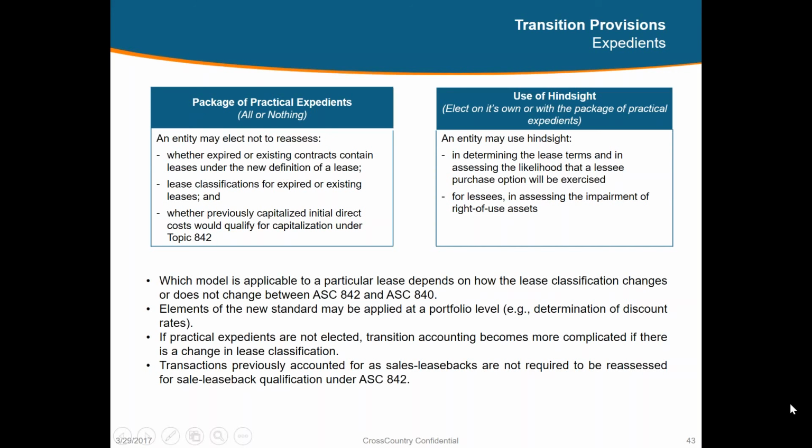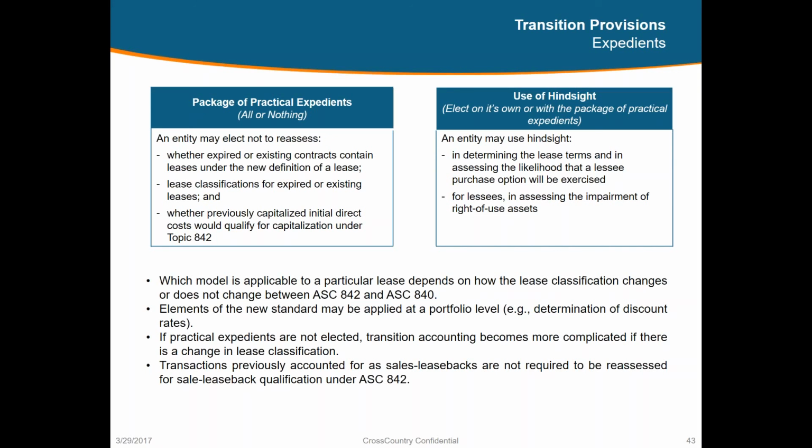There are certain practical expedients that essentially grandfather the accounting under topic 840 and must be taken as a group. These expedients are not reassessing whether a contract meets the definition of a lease, not reassessing classification under topic 842, and not reassessing whether initial direct costs meet the definition of topic 842.